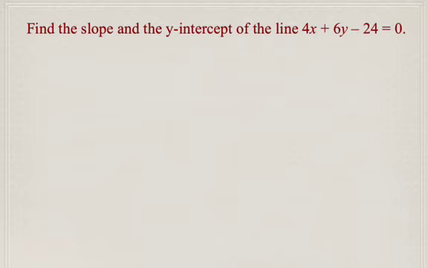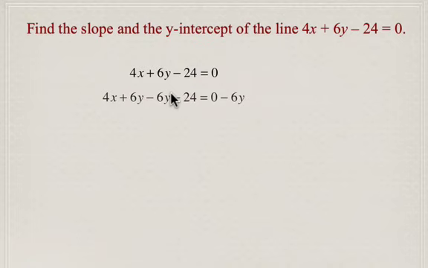Now, one last question here, and same thing, we're going to have to isolate the y term on one side of the equation. So what we'll do here, since this is plus 6y, we're going to subtract 6y from both sides. And 0 minus 6y is negative 6y, and watch your signs here.